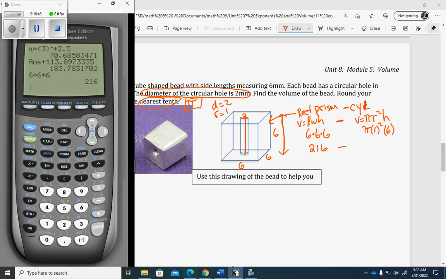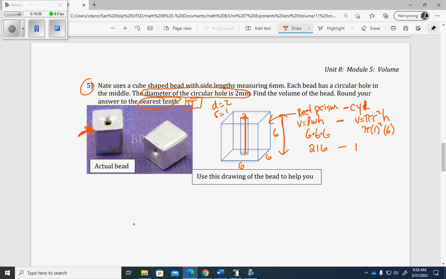So let's type this into our calculator. We'll hit the pi button. We'll multiply it by 1 squared. And we'll multiply it by 6. We get, to the nearest tenth, 18.8.